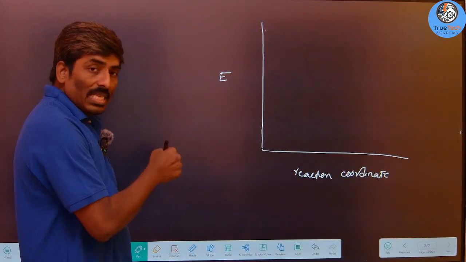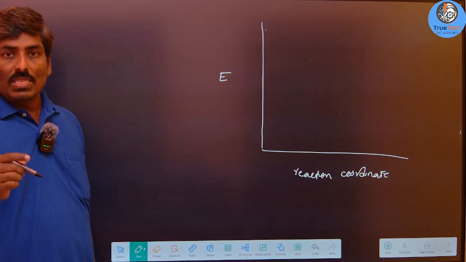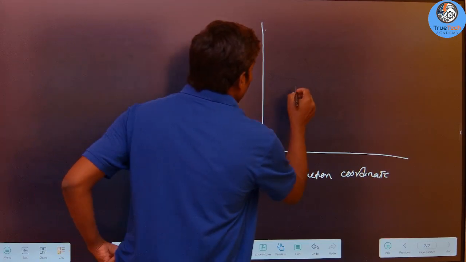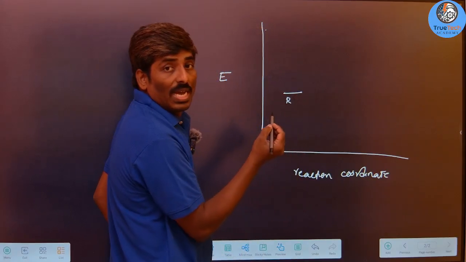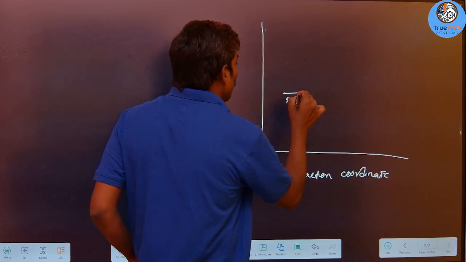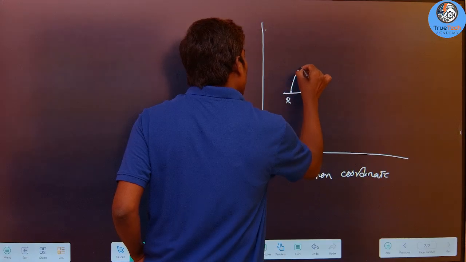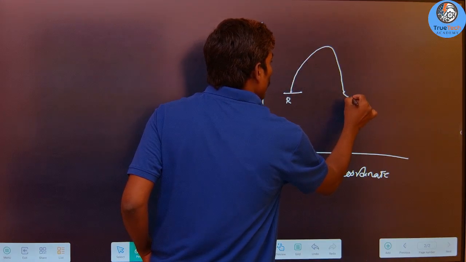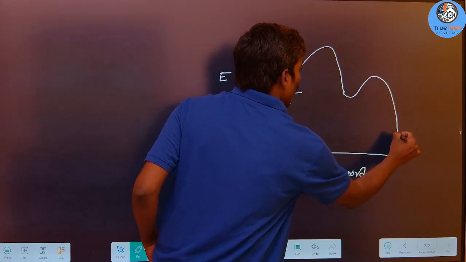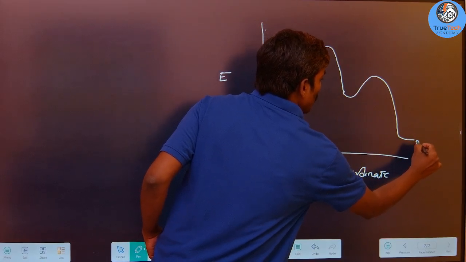In this example, the energy diagram looks like this. This is the reactant. This is the product.